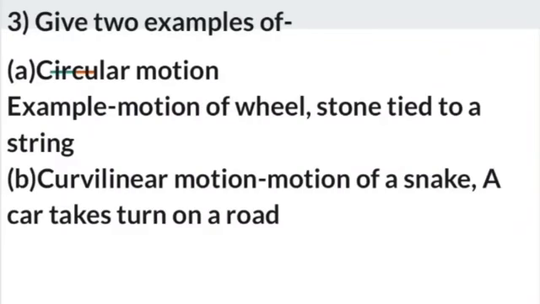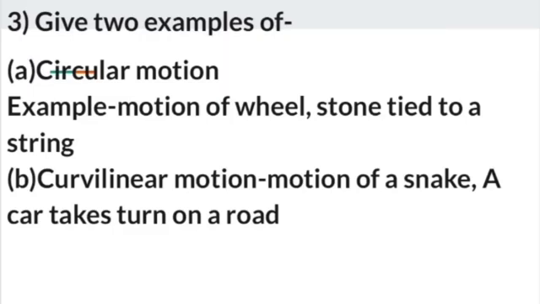Third question. Give 2 examples of circular motion. So, examples of circular motion are motion of a wheel, and if we tie a stone with a string or with a thread, okay, and if we move it, then it also covers a circular path.